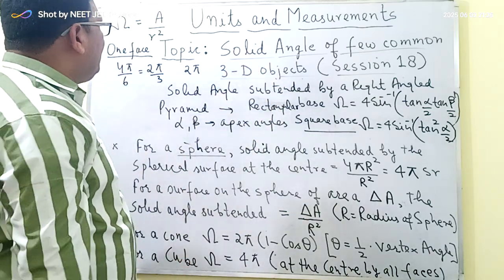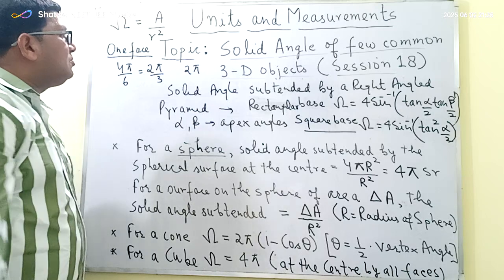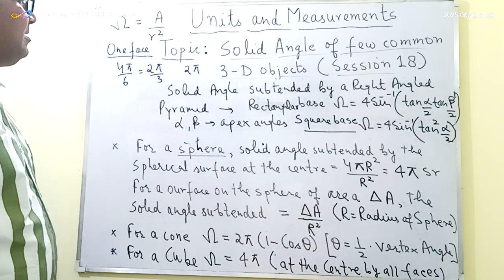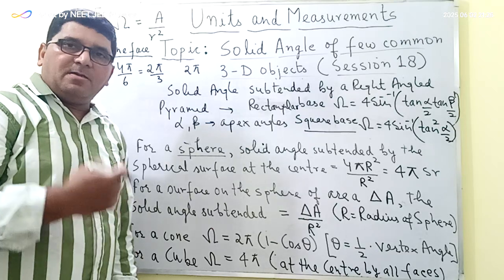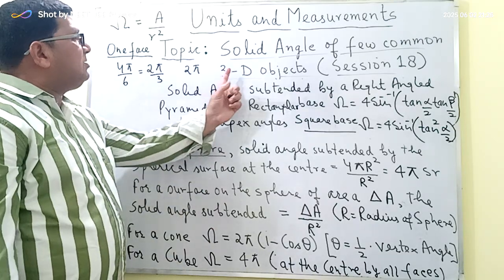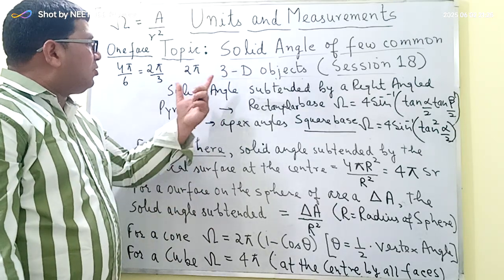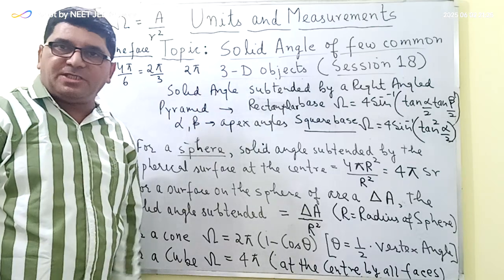So these are some of the important formulas pertaining to the calculation of solid angle of a few commonly used, or you can say the solid angles of a few common three-dimensional objects.